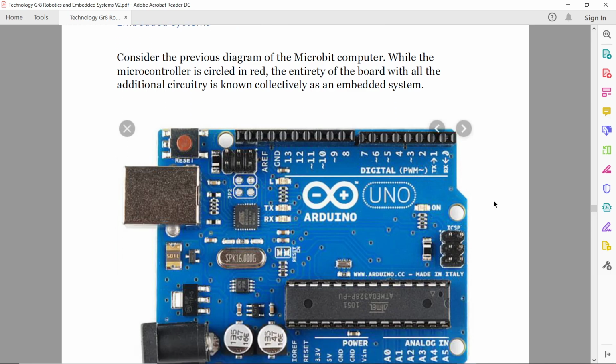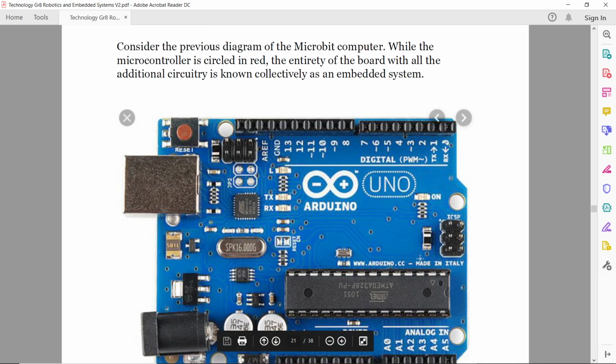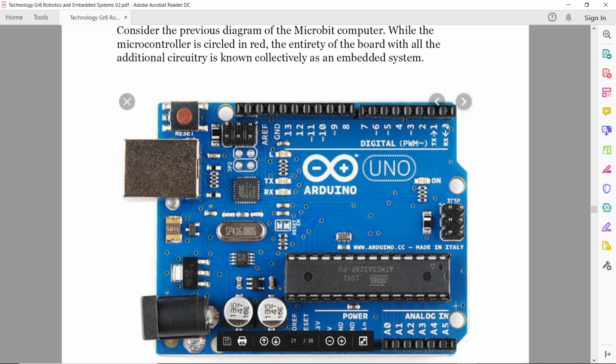And here's another example of an embedded system here in the blue. This is called an Arduino. It's very much like the microbit. It's a very commonly used board to teach electronics and hobby electronics. And you can see here, this chip over here is the microprocessor, or the microcontroller. It's an 8-bit microcontroller.